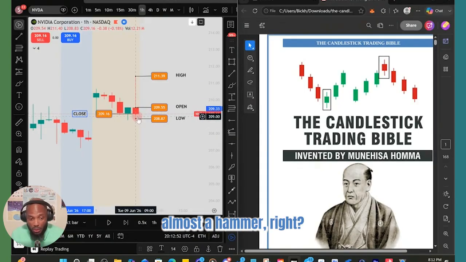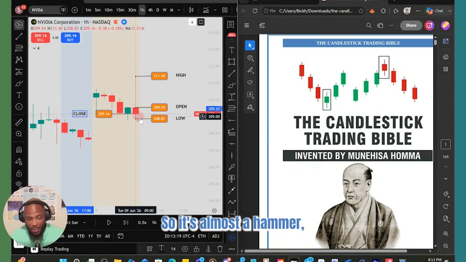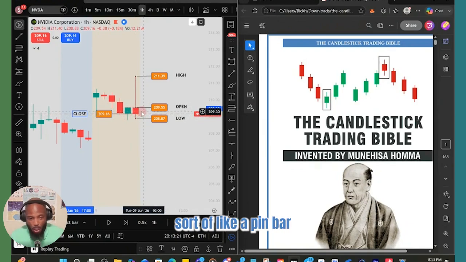So this is almost a hammer, right? A hammer shape is a body closing at the tip of the wick. A hammer could be a bullish hammer or a bearish hammer, but the body closes at the tip, whether bullish at the top with no wick or bearish at the bottom with no wick. So it's almost a hammer, sort of like a pin bar right now.